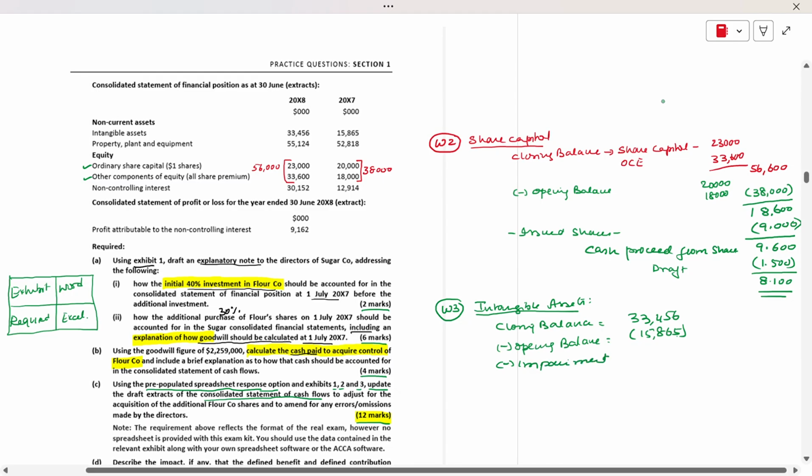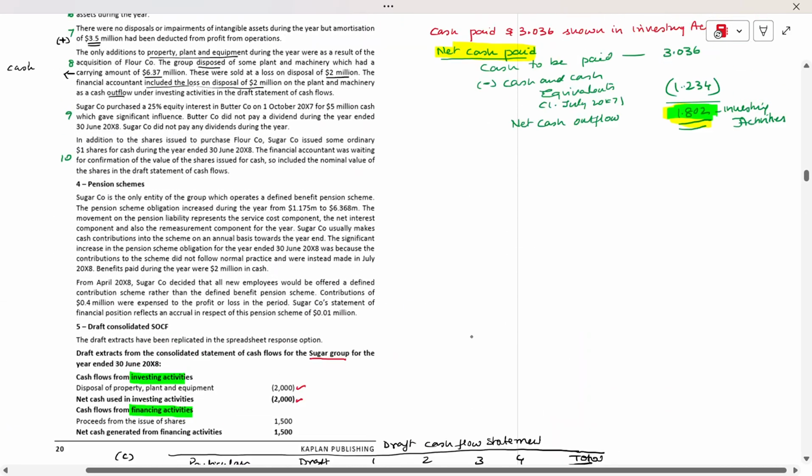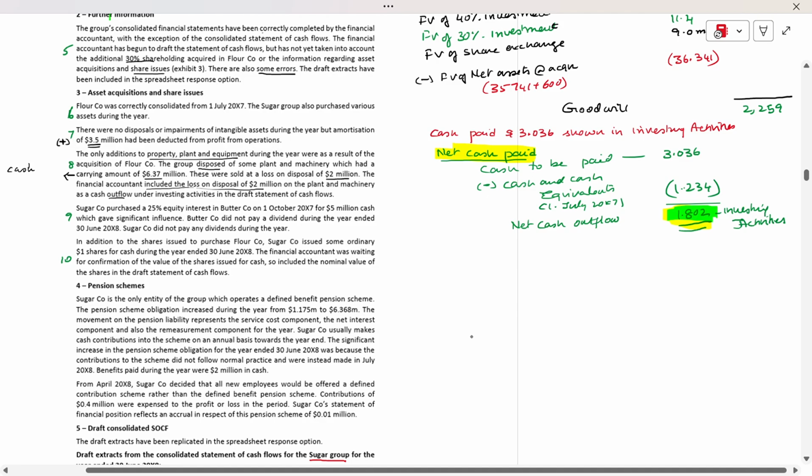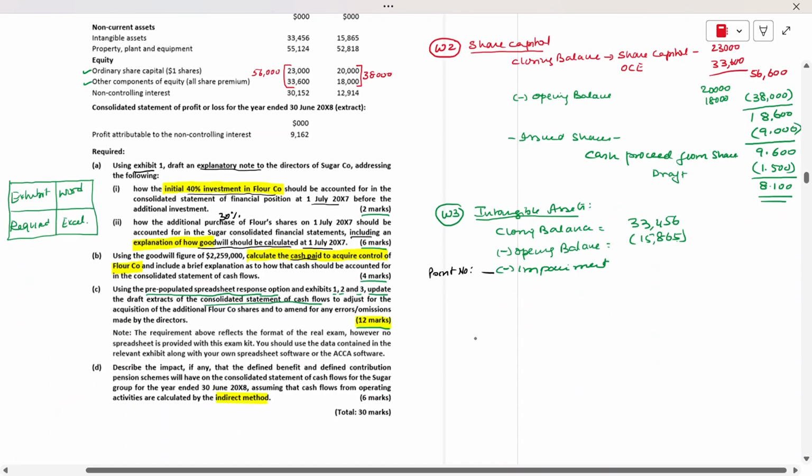I am writing this with respect to point number 7. How much is the impairment? Impairment is 3.5, that is 3,500. Now, anything else?